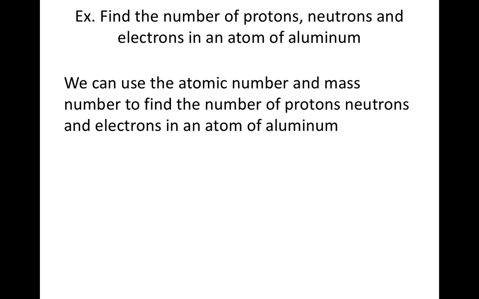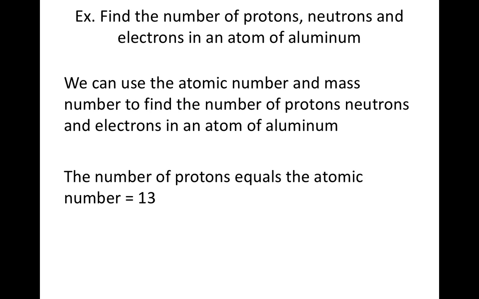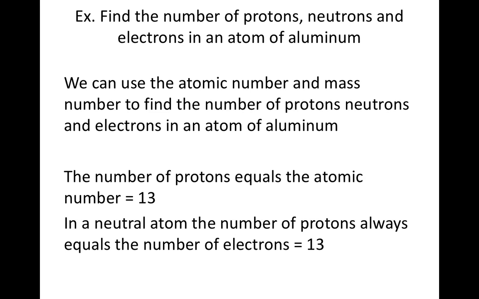Find the number of protons, neutrons, and electrons in an atom of aluminum. We can use the atomic number and mass number to find them. The number of protons equals the atomic number, which is 13. In a neutral atom, the number of protons always equals the number of electrons, so that's also 13.